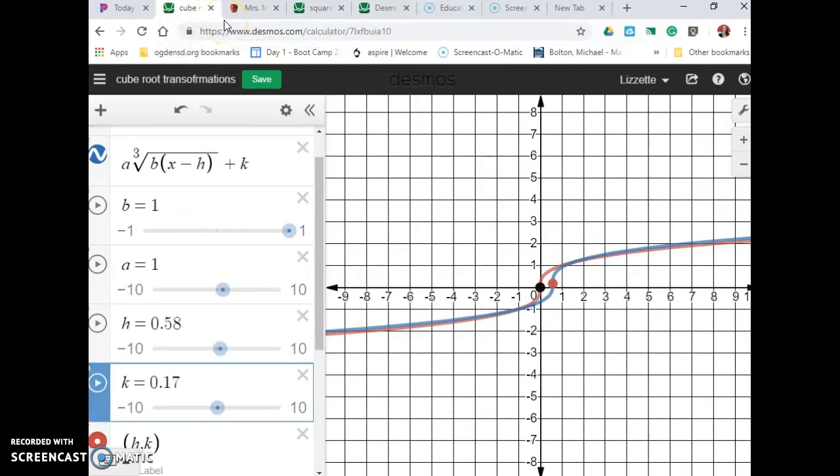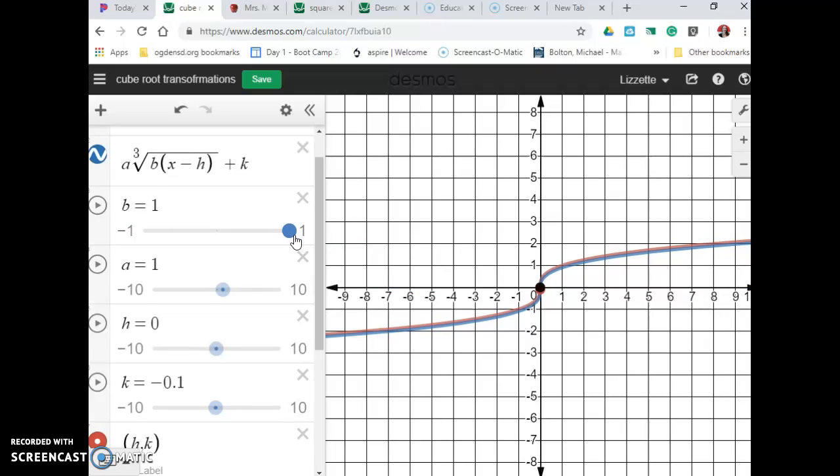So I want to show you, right? I can stretch, I can shrink, right? Stretching it or shrinking it. I can reflect, and I can reflect and stretch, reflect and shrink. And then, right, I have all this stuff. And my v value will just make it reflect over the y-axis.